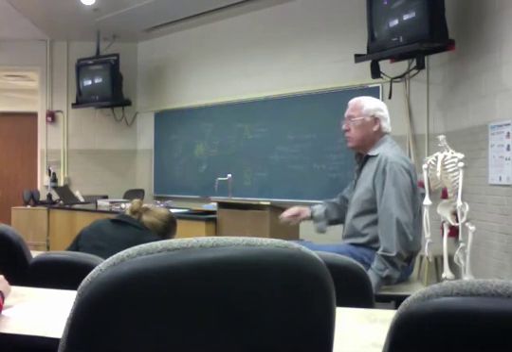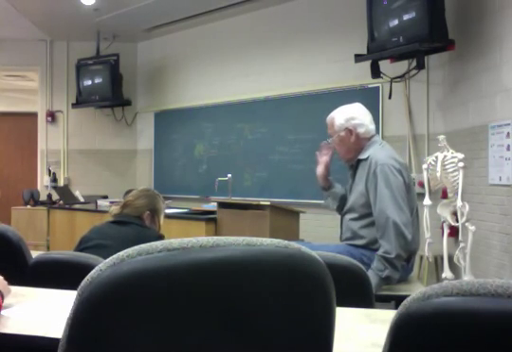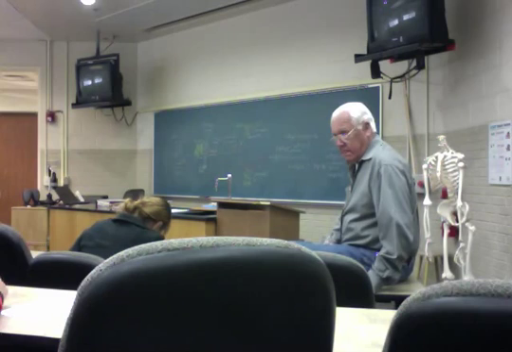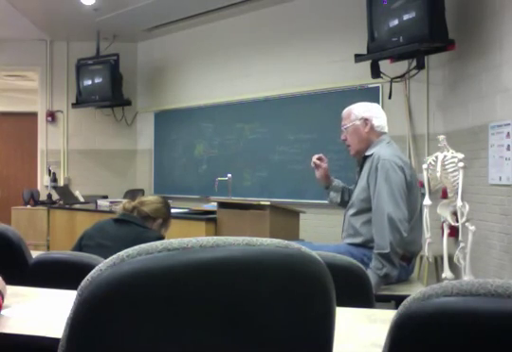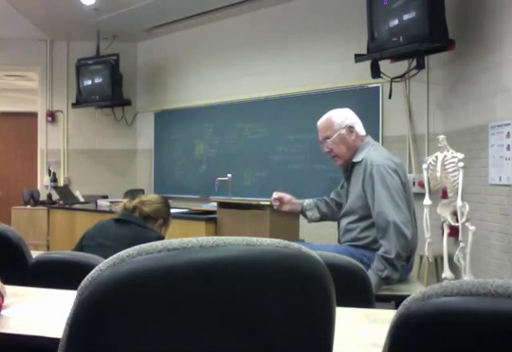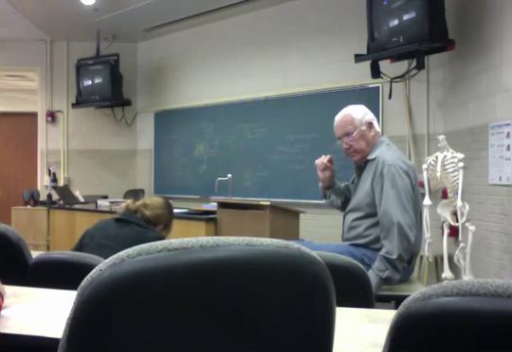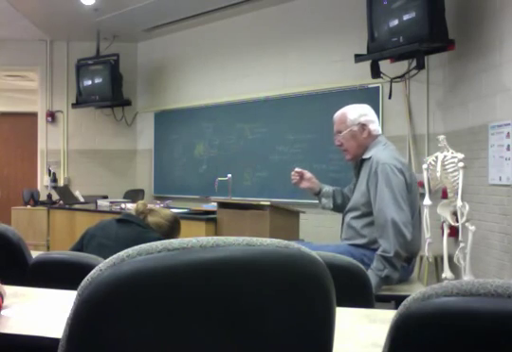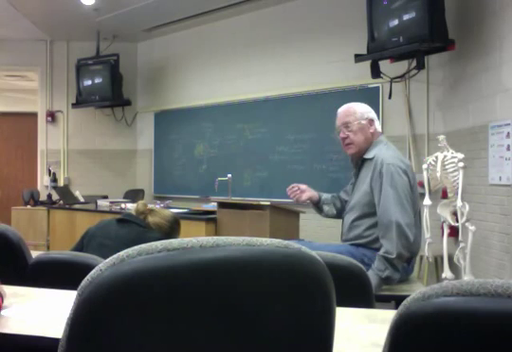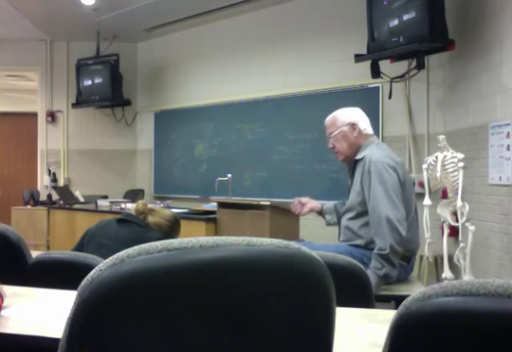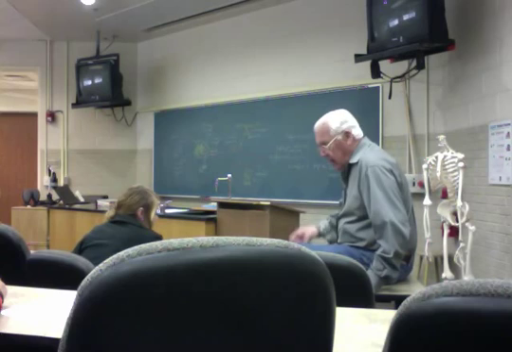Not so much elsewhere in the body, but a lot of it's in the hand. So, my cerebral cortex is divided off into areas for interpretation of these senses by various parts of the body.